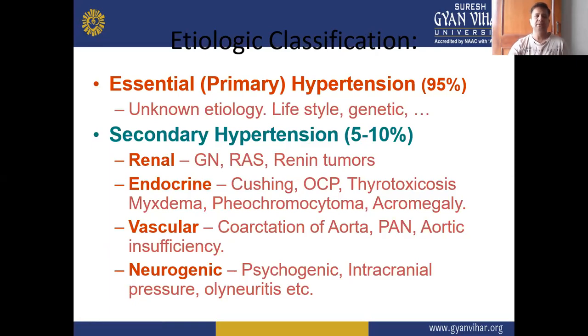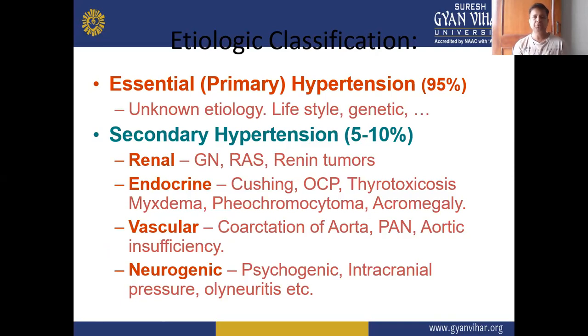Now let's discuss the etiological classification. First is essential hypertension. It is also called primary hypertension, which accounts for 95% of hypertensive patients. Its etiology is unknown.